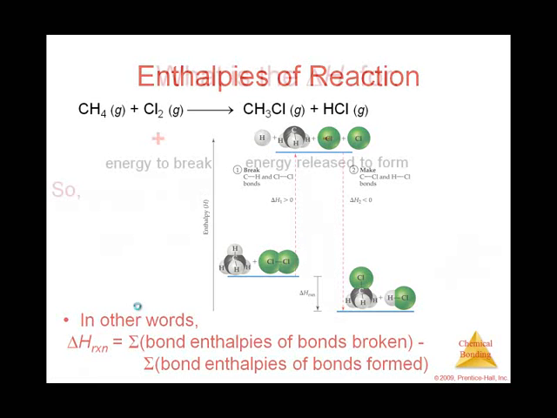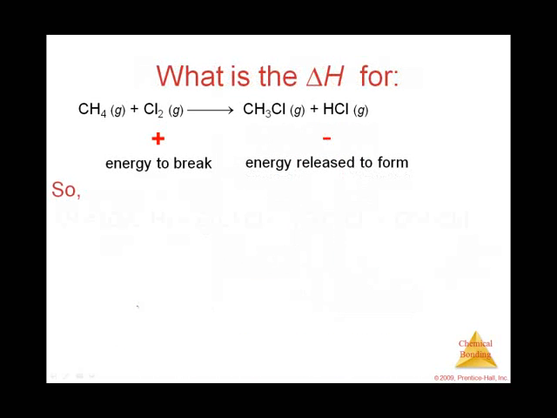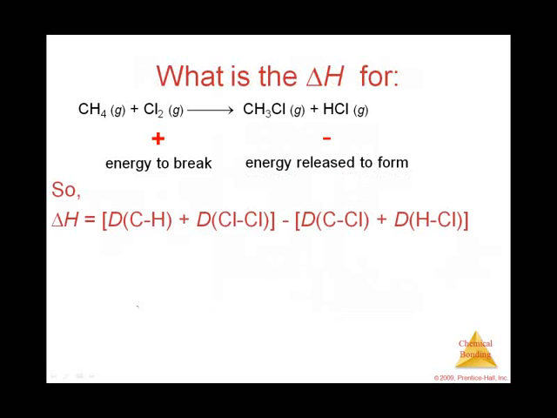Okay, so I can look these up in that table I gave you. So I've got to look at breaking the bonds. Let me see. I have 4 C-H bonds.